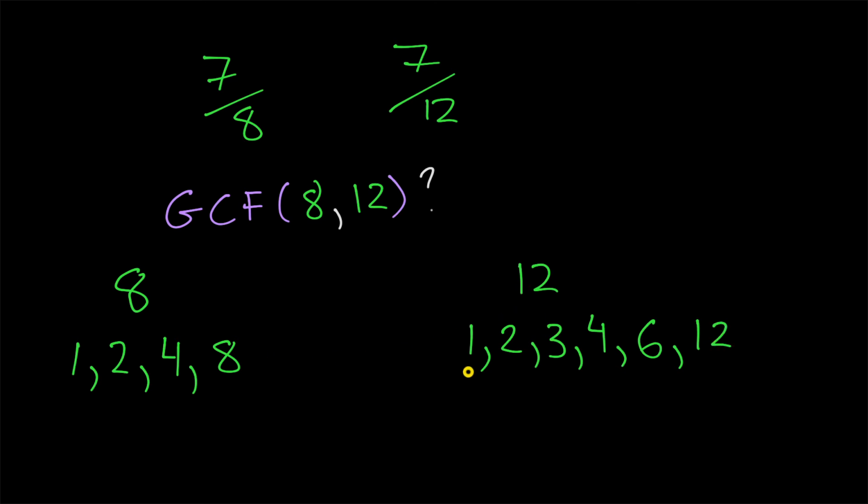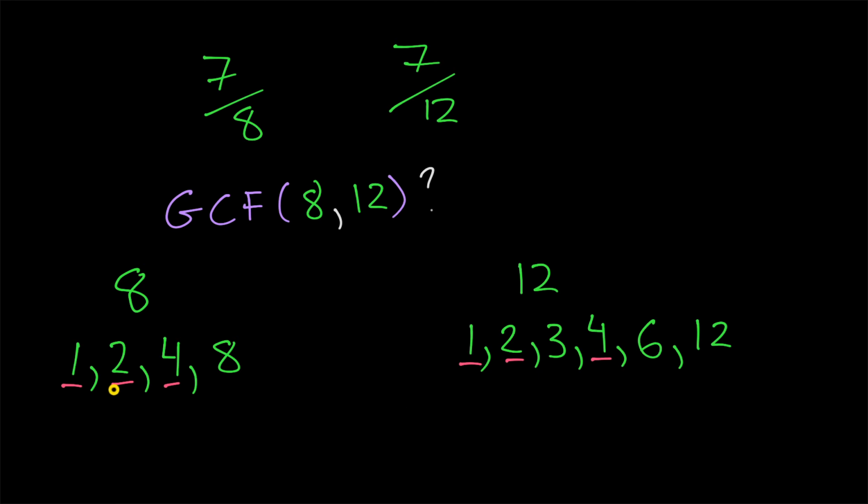So which of these factors of 8 and these factors of 12, or these divisors of 8 and these divisors of 12, are common? 1 is common, 2 is common, 3 is not common because it doesn't divide 8, 4 is common, and 6 is not common, 8 is not common, and 12 is not common.